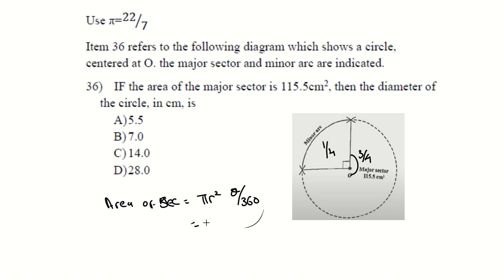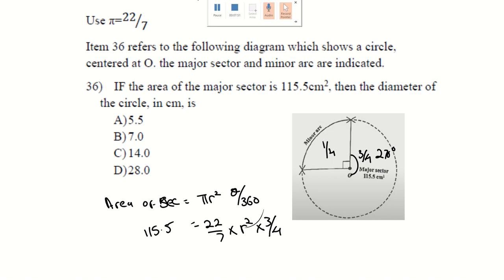So this would be 22 over 7 multiplied by r squared multiplied by theta over 360, which is 270 degrees, or 3/4. Okay? So now we have 115.5.